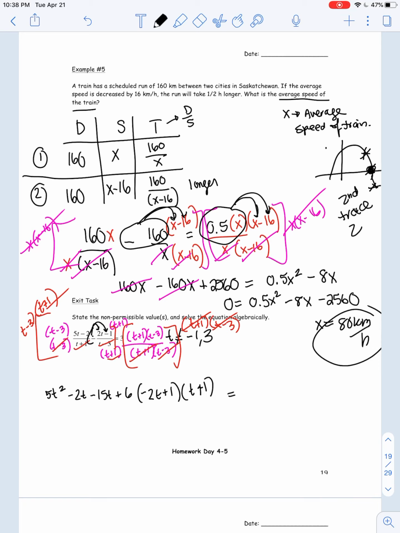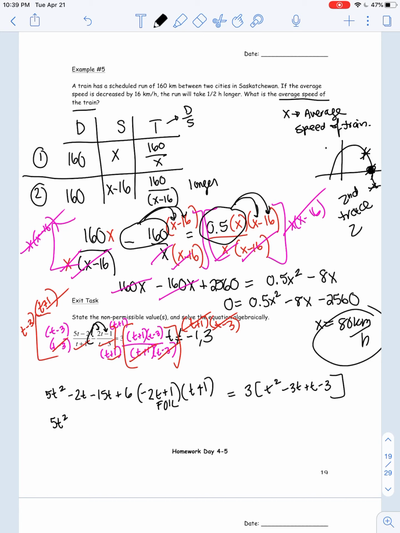And that's equal to, on the right side, 3 multiplied by our FOIL, which would be t squared minus 3t plus t, and then minus 3. So that's from FOIL. Here we're going to have to do FOIL as well. I'm going to start joining together like terms.